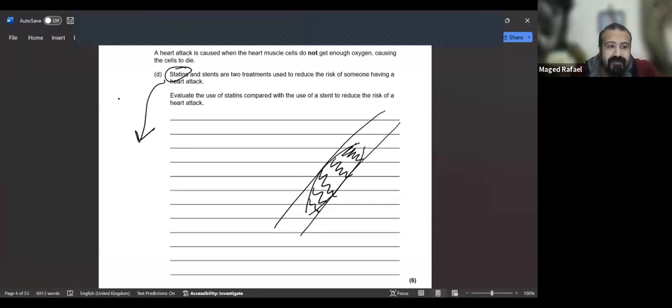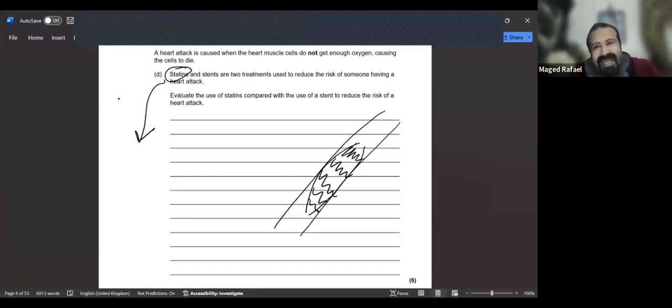However, for stent, the advantage of stent, all of the blocked arteries will be open immediately because it is a mechanical treatment. Okay, and the flow of the blood in the heart muscles will increase immediately.